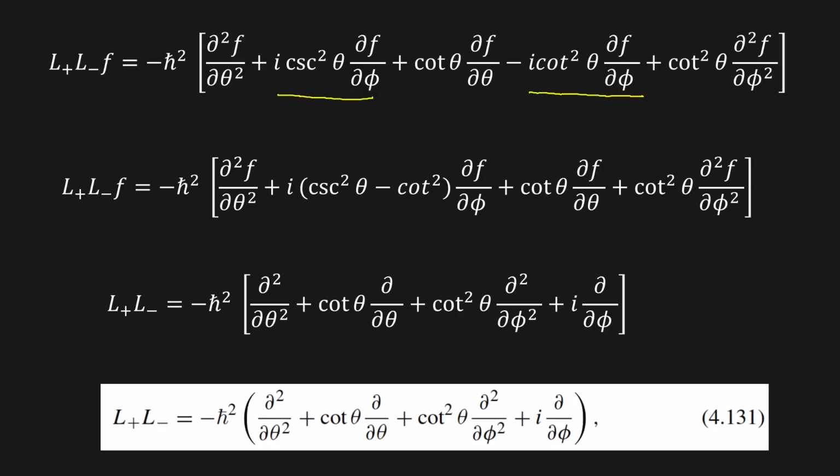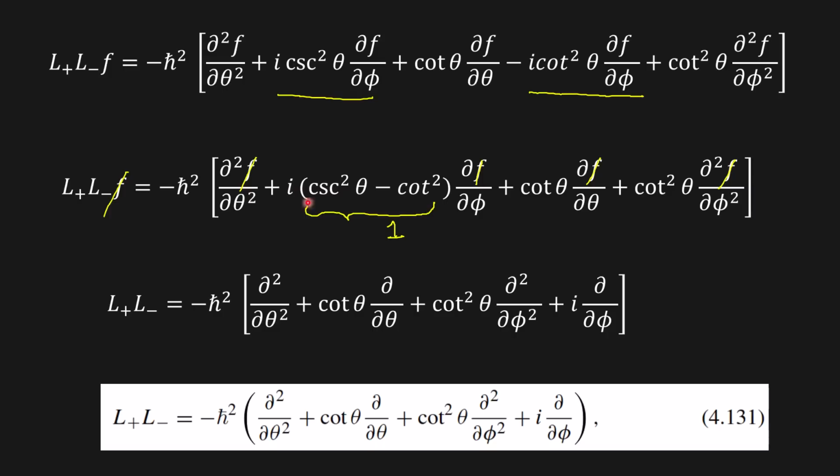Here the cosecant squared theta minus cot squared theta is 1 using the trigonometry relation. Also you cancel this f everywhere. So you will get minus h cross squared delta 2 over delta theta 2 and here it is 1.